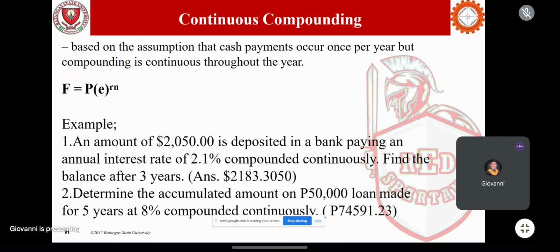Okay. Wala pong question. Again, you have to understand this part, especially the compounding interest. Kasi kung hindi nyo po naintindihan tong compounding interest na to, lalo nyo pong hindi maiintindihan yung next topic natin, which is si annuity. Kasi si annuity, complex na po yung formulas natin.